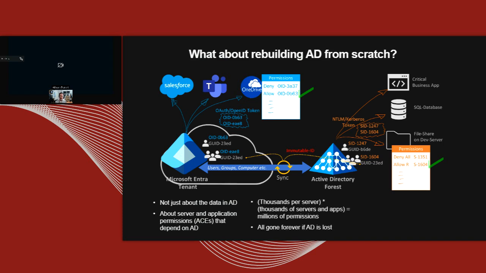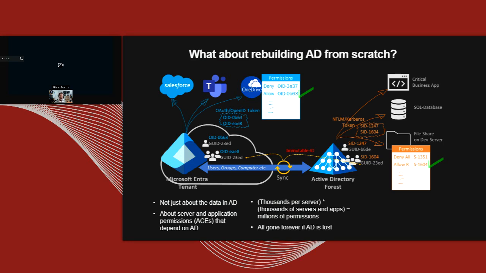If you look on the right, you can see that we have SID 1247 and SID 1604. Let's say 1247 is for an individual user, SID standing for Security Identifier, and SID 1604 for a group. You use those SIDs to populate applications on premises, whether it's a business application or a SQL database or a file server.